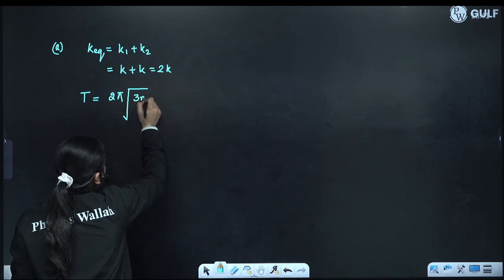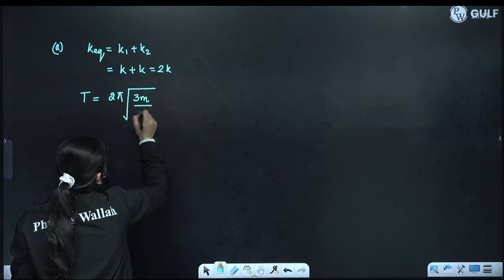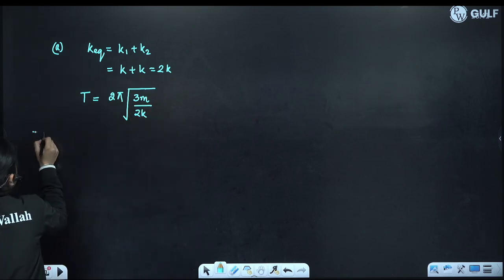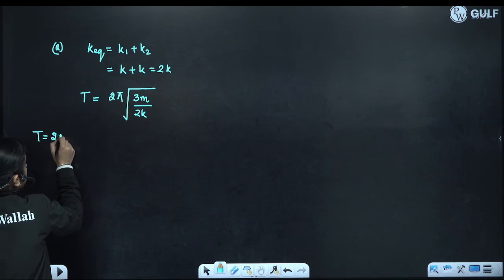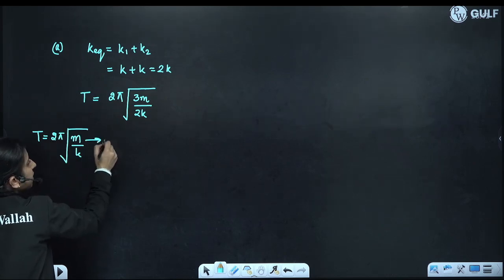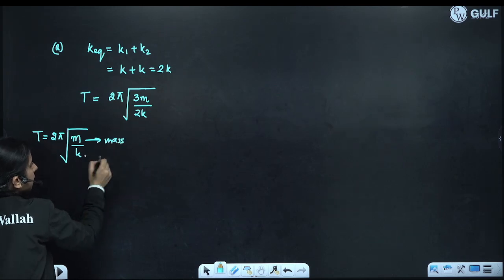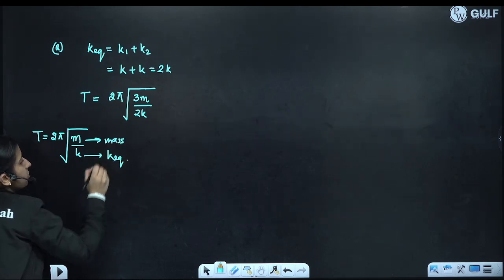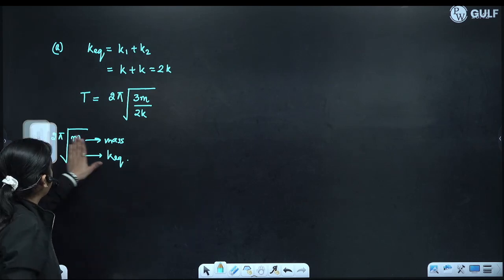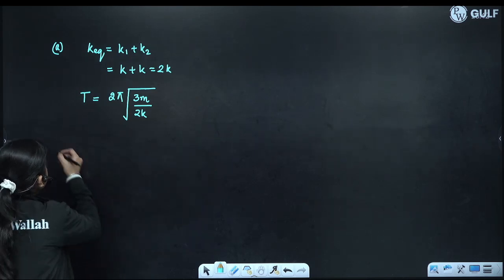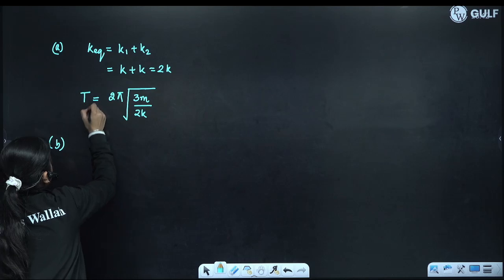So we have 3m divided by 2K, because time period is equal to 2 pi under root of m by K, where m is our mass. Now we have 3m and K here will be replaced by K equivalent. Okay, so this will be our T1.